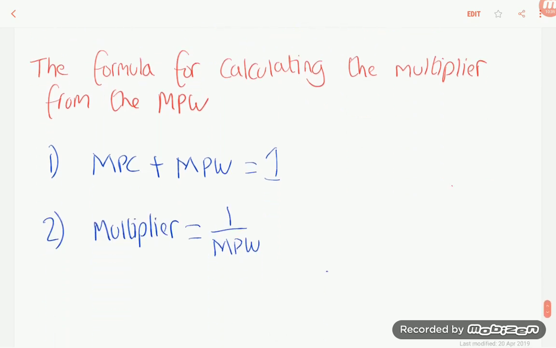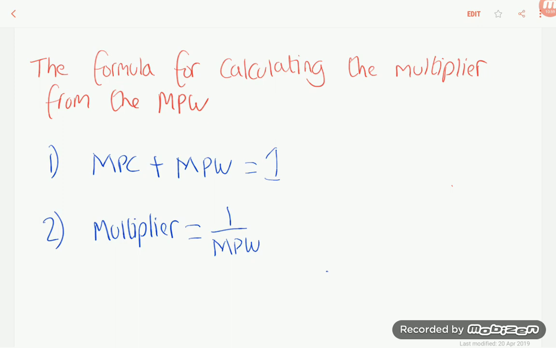Finally, the formula for calculating the multiplier from the MPW. Well, since extra income must either be spent or withdrawn, MPC plus MPW equals 1. This means you can also use the formula, point 2 there, 1 over MPW.